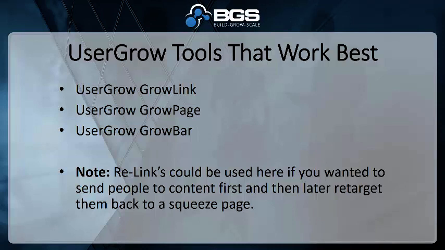But for the third party method where you're going to be leveraging viral content, you can't use the grow bar because it can only be used on your site. So you want to focus on grow links and grow pages. And every time you share a piece of social content on Facebook, on Twitter, or whatever, even if it's your own content, if you're actively growing a beta test list or a giveaway list, you want to use a grow link or a grow page link every single time you share that content, because the more you do this, these things don't go away.